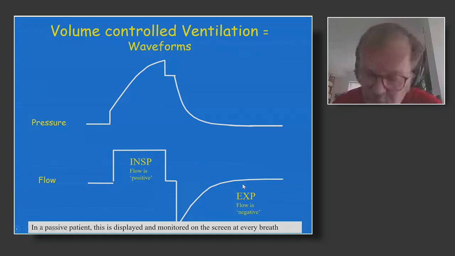What I'm going to discuss with you very briefly now is this small phase, which we call the end inspiratory pause or end inspiratory plateau. So imagine it's like taking a big breath and holding your breath at the end of inspiration.